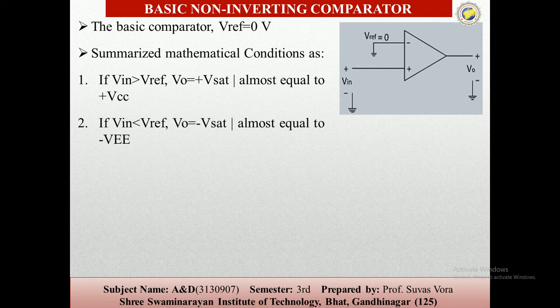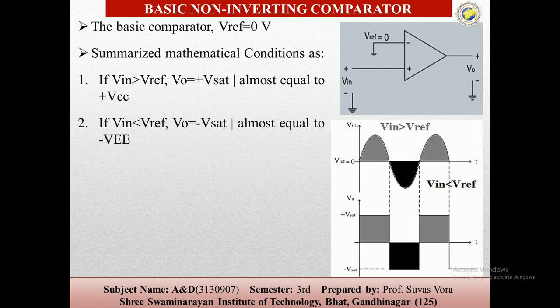This is because the open loop gain is very high, so even for a very small V in, the op-amp output is saturated. Here you can see the input and output waveforms for the basic non-inverting comparator, with a sinusoidal input.